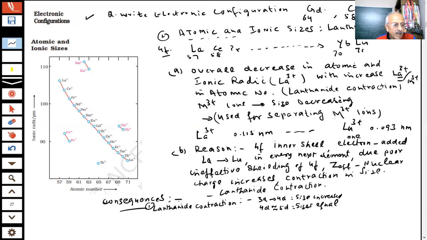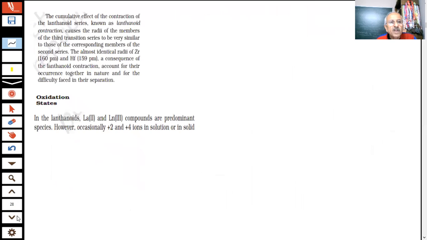Further, a more important point to note is that as the ionic radii decrease, students, the charge density will increase on these metal ions and they will have a greater tendency to form complexes. Okay.